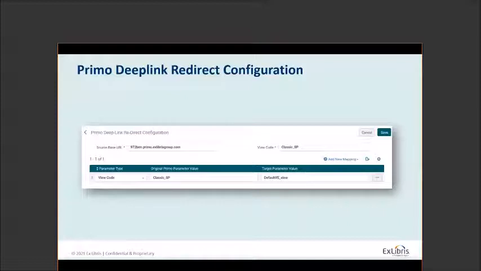So for your services page view, all you have to do is create a row with the Primo V domain or domains and the services page view code, and then open it and add a single entry mapping the services page view code to your default Primo VE view code. As I mentioned in the past, there is no need for a separate Primo VE view for your services page.